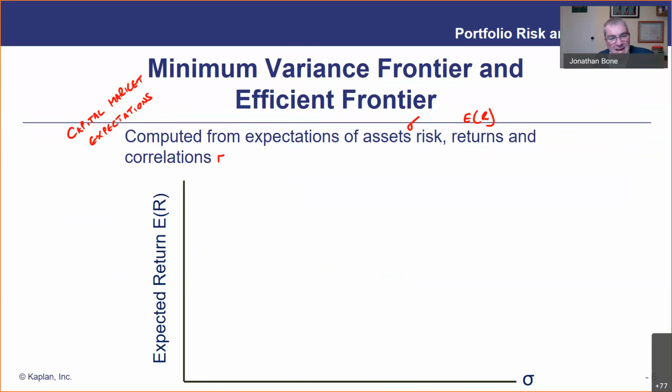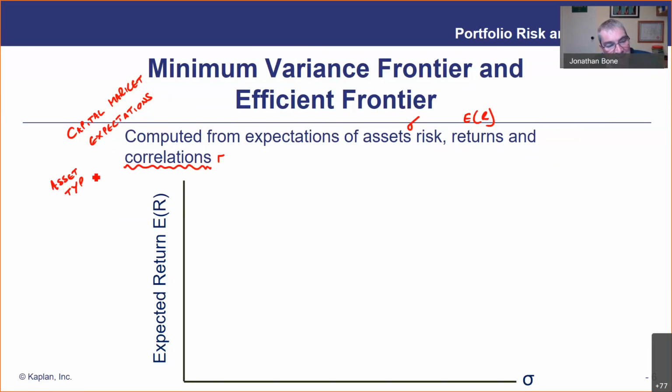Now, a major issue in practice is, if you were to do that, think of the number of correlations you would have if you were looking at individual securities. So we tend in the real world not to use individual securities, we tend to use asset types.